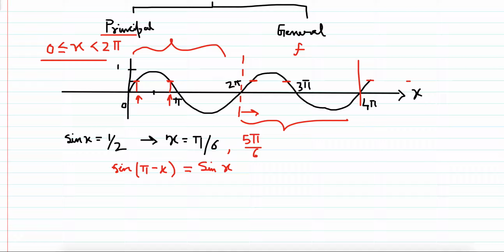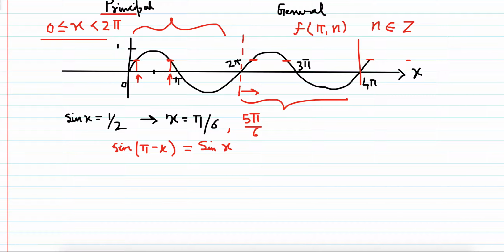So we can write it in the form of some function of pi and n, where n is an integer. These two are our principal solutions. If we are asked to find the principal solutions of sin x equal to 1 by 2, we will say that x equals pi by 6 and x equals 5 pi by 6.